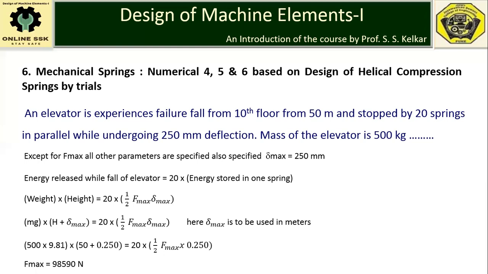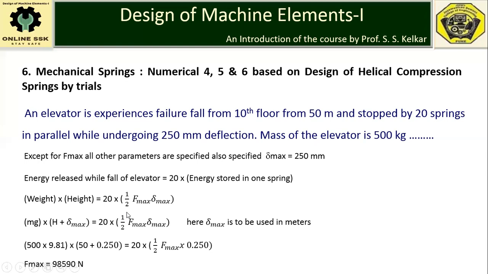The elevator is at a height of 50 meters and has a weight of mass multiplied by gravitational acceleration g. mg is the weight of the elevator, multiplied by height, that is the potential energy which will get converted to kinetic energy and afterwards be absorbed by the springs. So weight multiplied by height is the energy content inside the falling elevator that will be absorbed by 20 springs by getting deflected.